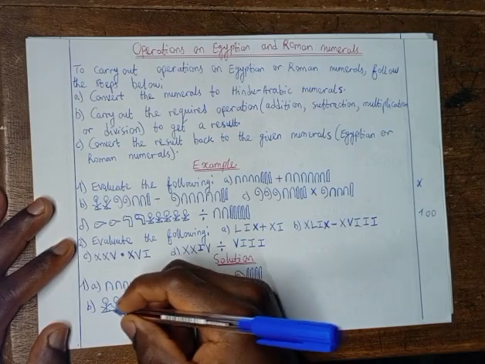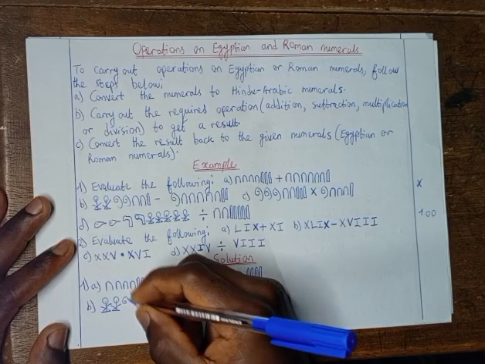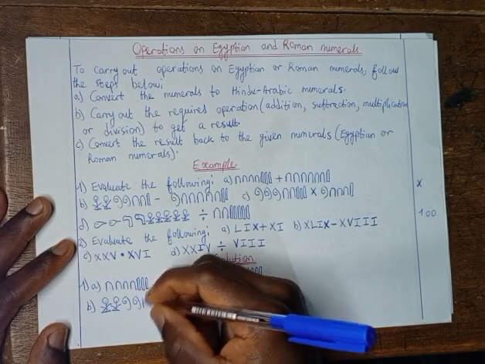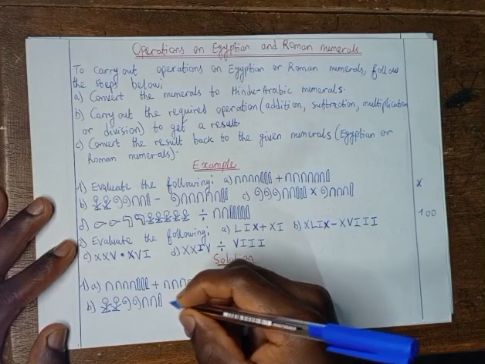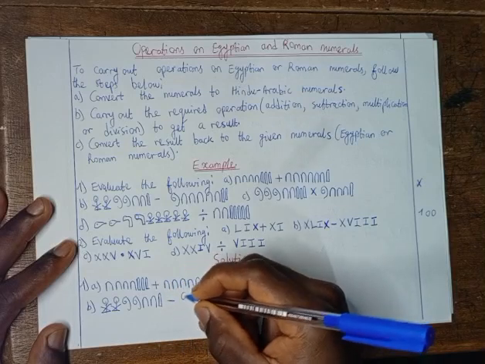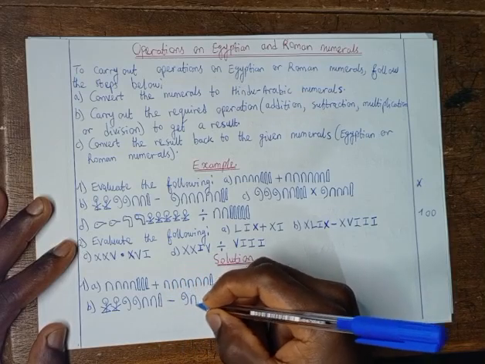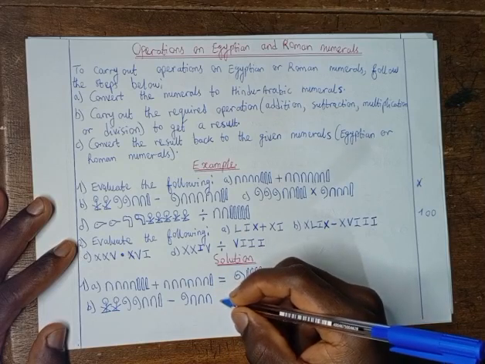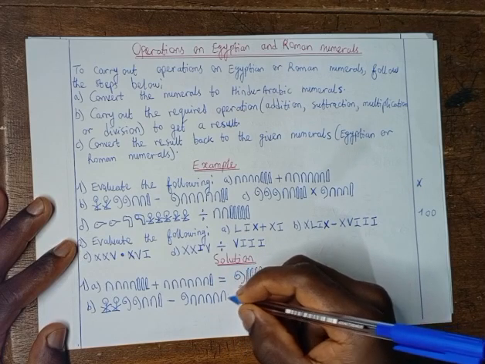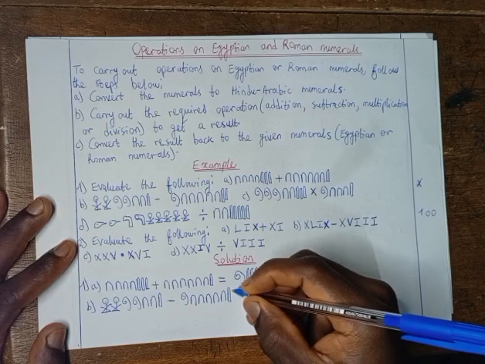For question B, we have the first number, which has 2 lotus flowers, 2 spirals, 2 elbows, and a straight finger, minus the second number, which has a spiral, 5 elbows, and 2 straight fingers.